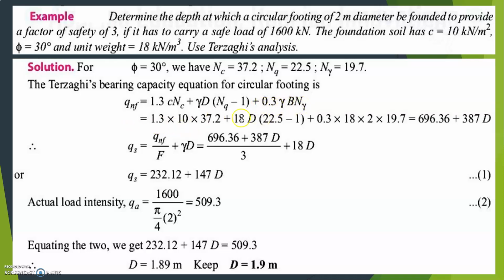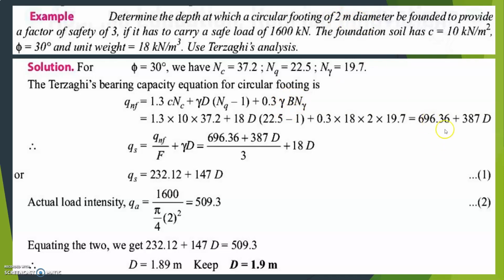Substitute all the values. We have everything, only the unknown is the depth of the foundation, which is not given. Gamma into D, that we have to calculate here. B is nothing but the diameter; in this case it is a circular footing, so B is equal to 2 meter.